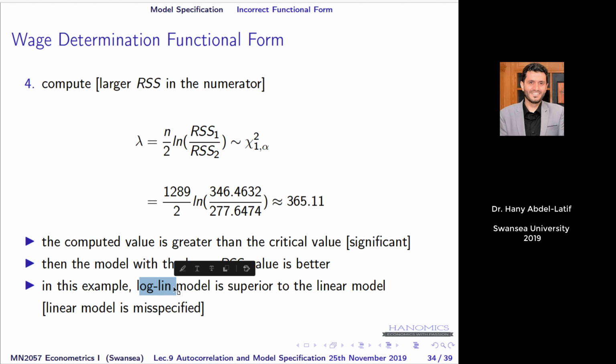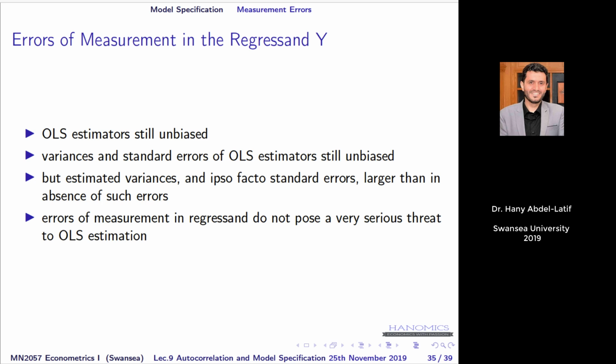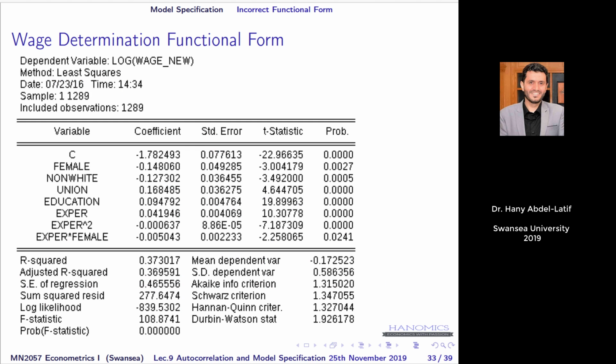So the model with linear specification is misspecified. In that case, I should use the log-lin. So this was another type of specification error, which is the functional form.